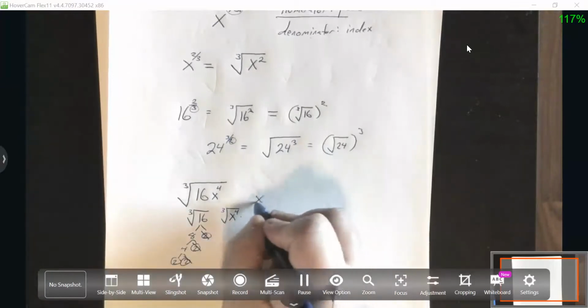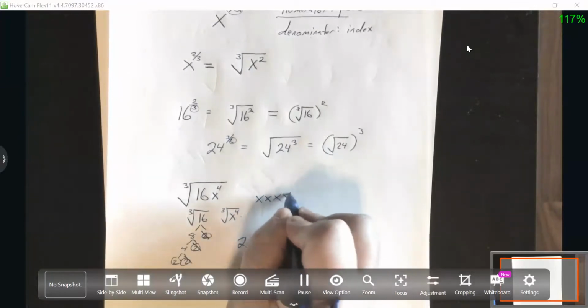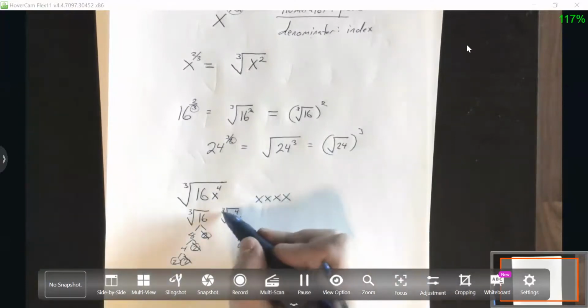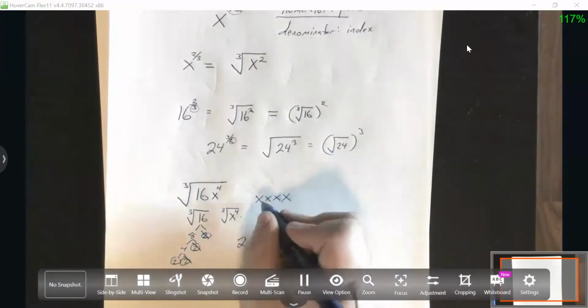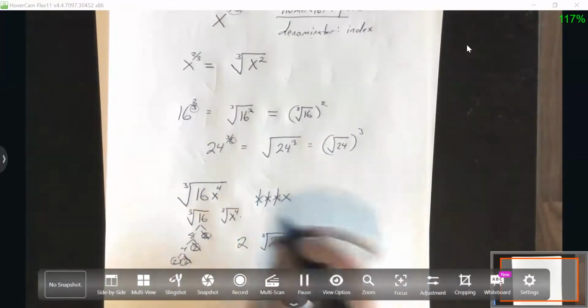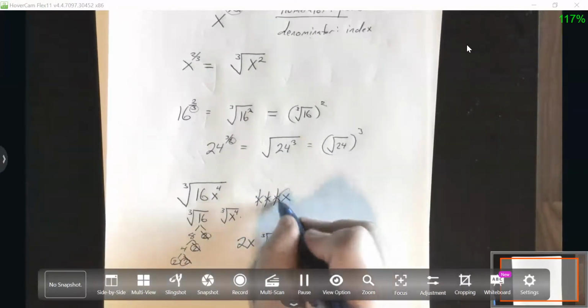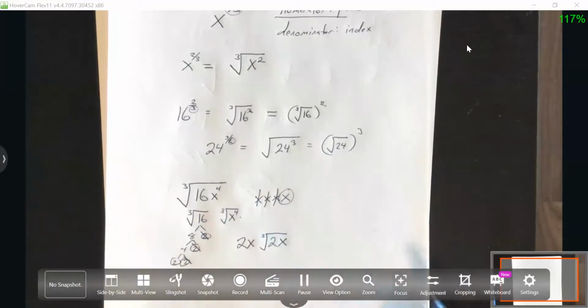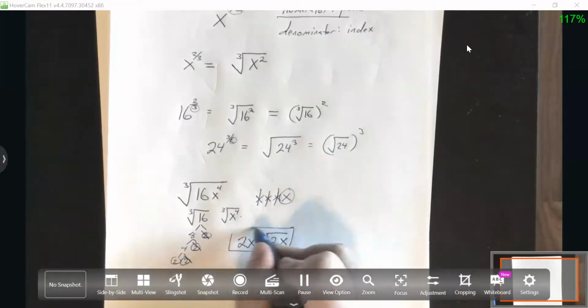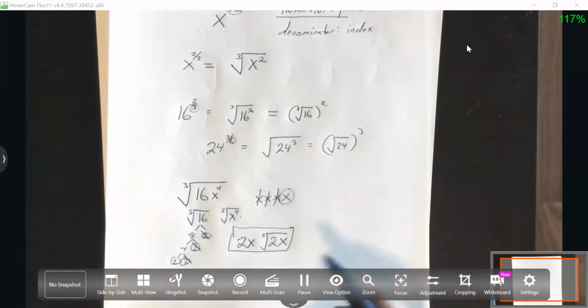X to the 4th is equivalent to x times x times x times x. Since we're working with a cubed root, we need 3 of them before 1x can come out. That leaves us with 1x still in the root. So reduced, this root becomes 2x cubed root of 2x.